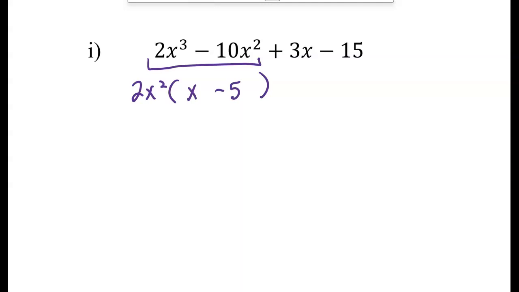Now, here's the cool part about this. The x minus 5 is what we're going to use as a greatest common factor. So my whole goal is I need another x minus 5 somewhere. So what you do is you look at the second 2, but what you do first is you just go, all right, I'm writing an x minus 5 down. Then I ask, what do I take out here to get the quantity x minus 5?